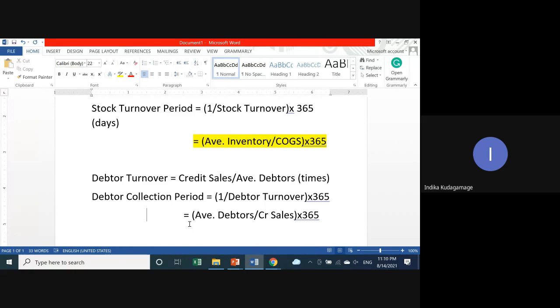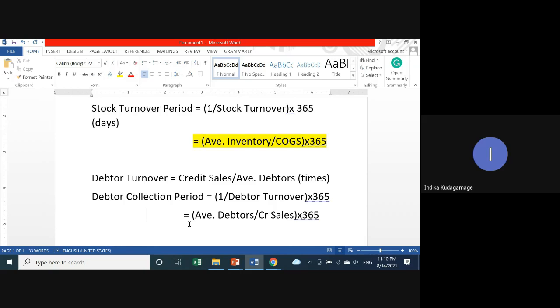Right? Then when you work this out, it shows 120 days or 90 days, much higher than this. Then your natural question should be, why is this? Then the natural answer would be, there are some debtors which I can't collect, or which is bad debt.